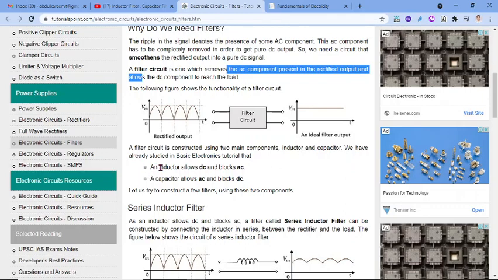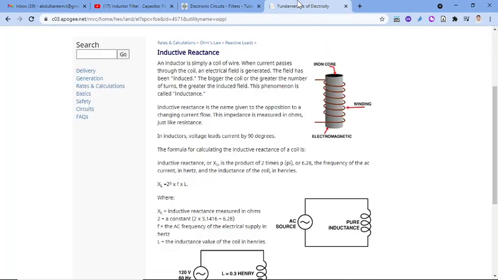An inductor allows DC and blocks AC, because of the inductive reactance, XL equal to 2 pi FL, where F is frequency and L is the inductance. If frequency is present or increases, there is inductive reactance, so it blocks the AC component and allows the DC.